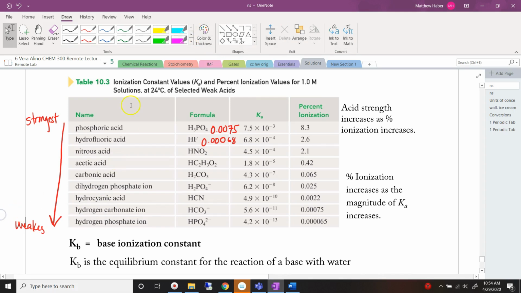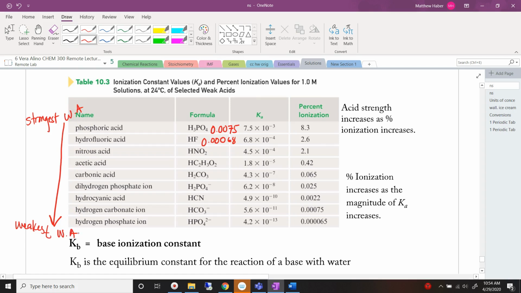Now, that's kind of faulty to say strongest, but it is relatively strong compared to the acids on this list. Because we can't really say that phosphoric acid is the strongest acid, because it is not on the top 7 list of strong acids. So maybe I should say it's the strongest weak acid. How about that? And this is the weakest of all the weak acids.